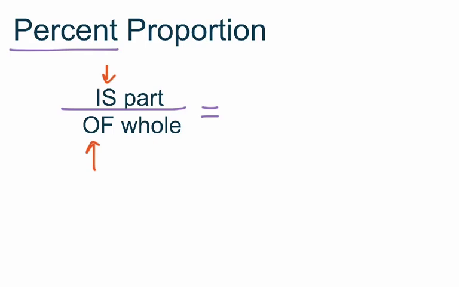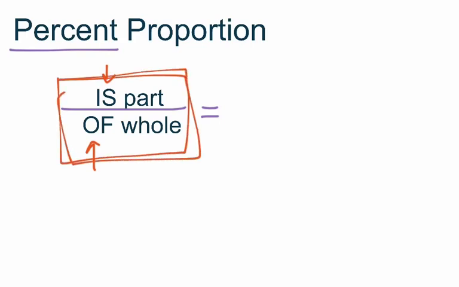Alright, so in a percent proportion, really think about these words. I would strongly encourage you to write this down: is part of the whole, and then let's add in the other side of this. Since this is a percent proportion, we have talked about this a lot the last couple of lessons. Percents are always what? Oh, I really hope you said something about 100.